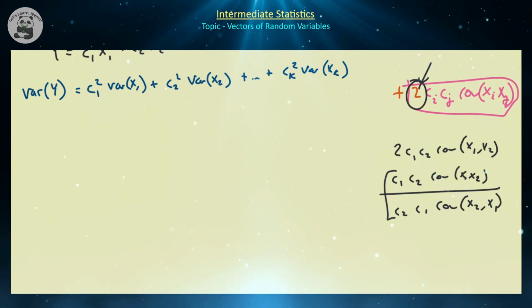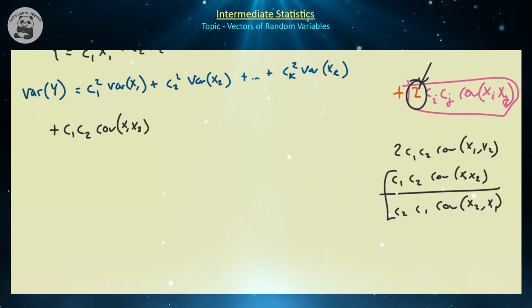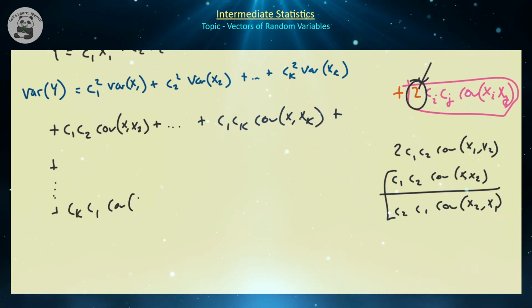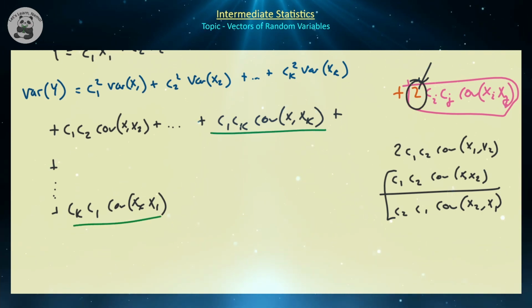So when we look at this, what do we have? Well, that's just going to be equal to plus C1, C2 times the covariance of x1, x2, plus all the way down to C1, Ck times the covariance of x1, xk. And then we're obviously going to continue that all the way down to, for example, Ck, C1 times the covariance of xk, x1, which obviously is the same thing as that term.